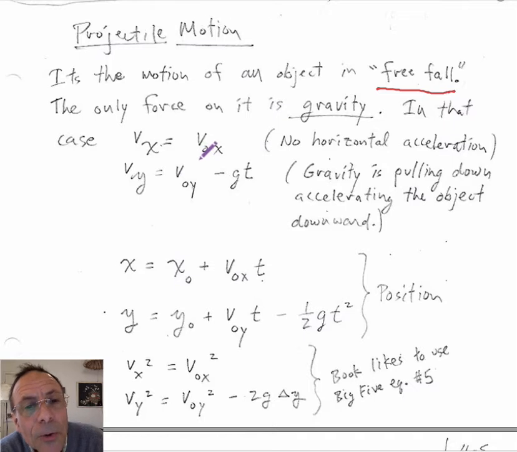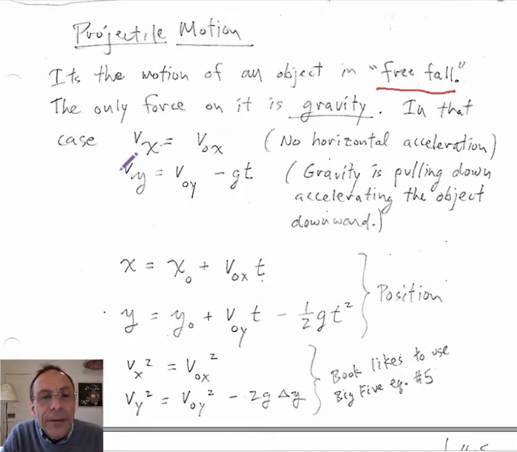Now, gravity pulls down. Gravity doesn't pull sideways. So that means that the x component of the velocity is not going to be changing. So we can write that v sub x is always the same as whatever the beginning v sub x was.